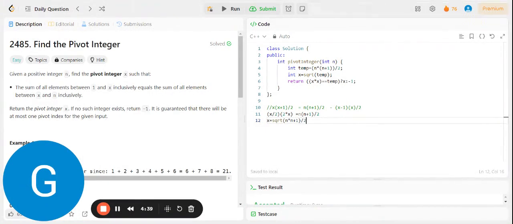And we will calculate by using this. Here, we are calculating this n into n plus 1 by 2 in a temp variable, that is int temp equal to n into n plus 1 by 2, and we are calculating the square root of that temp, so that we will store it in another variable x.